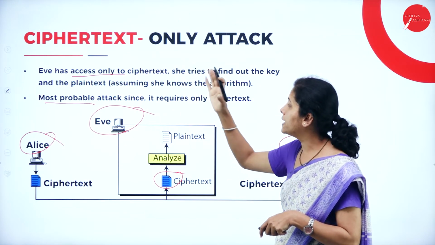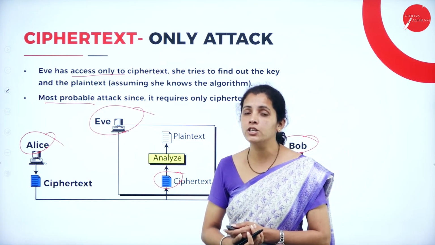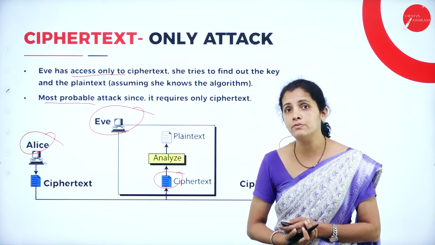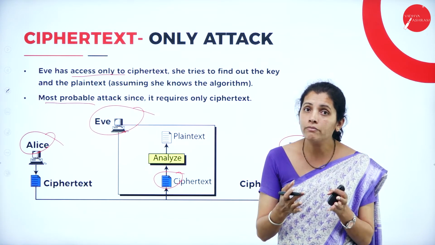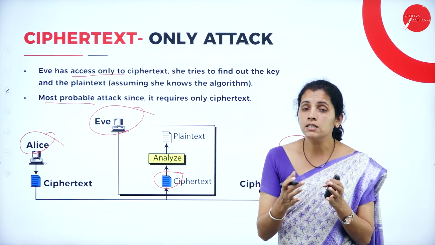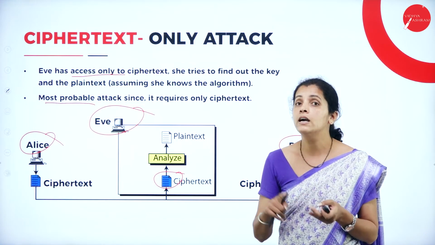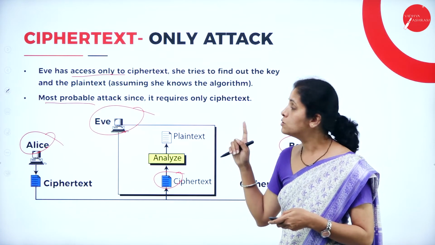So dear student, in today's session you got more information about the difference between symmetric key as well as asymmetric key. Along with that, I discussed what is a substitution cipher, what is a transposition cipher, and cryptanalysis.